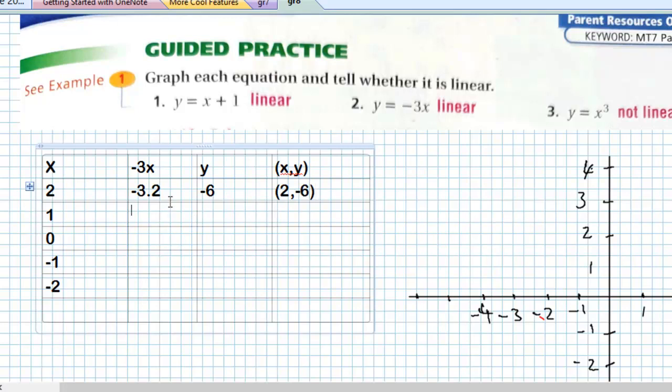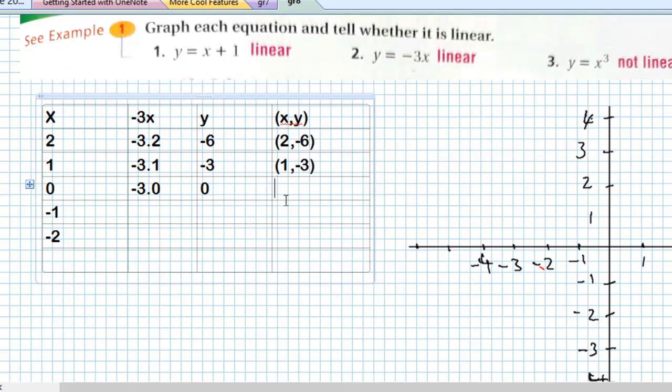Next, remove x and put 1. So -3 multiplied by 1 equals -3. So the point will be 1 and -3. Next is 0. -3 multiplied by 0 is 0. The point will be 0 and 0.